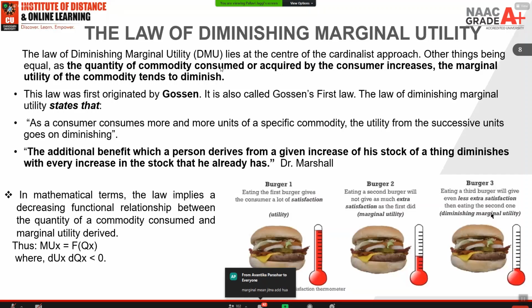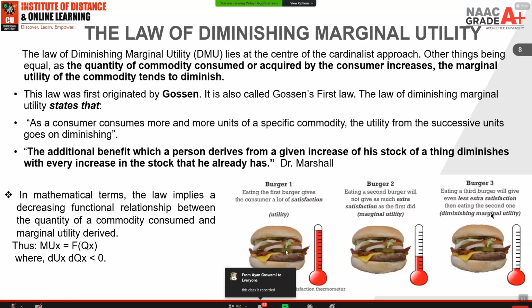Other things being equal, as the quantity of the commodity consumed or acquired by the consumer increases, the marginal utility of the commodity tends to diminish. Psychologically, the intensity of desire for a commodity tends to decrease as more and more units of the commodity are consumed, be it a cup of tea, a glass of milk, or anything else. If your consumption is continuous, at a certain point your satisfaction will start decreasing.